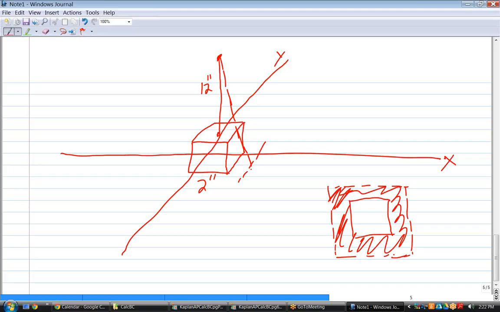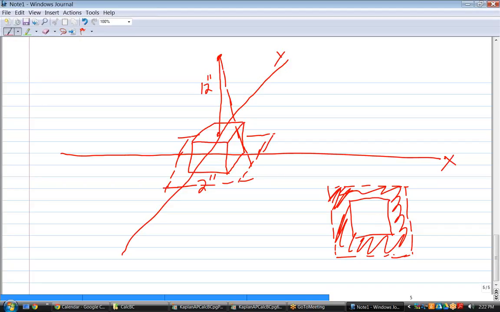So that light creates a shadow pattern that's like that. Okay? This is a 3/4 view. This is a top view. Yeah, I see what you mean.